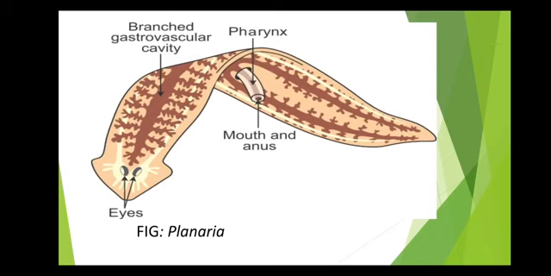Hermaphrodite in nature, has a simple brain, ganglia and nervous system, plus 2 eye spots. It has great power of regeneration.